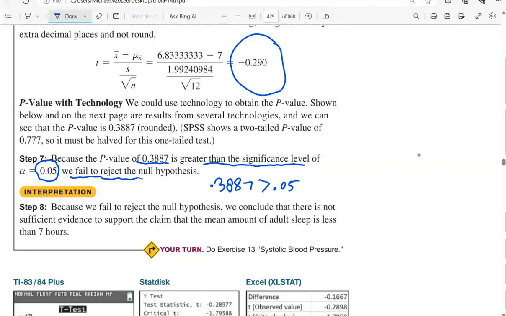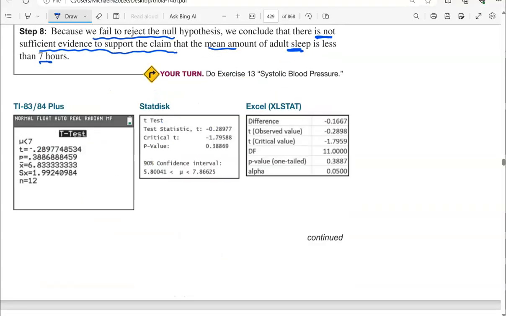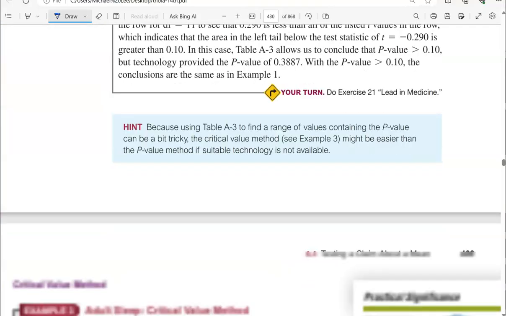We failed to reject the null hypothesis. Because we failed to reject, we conclude there is not sufficient evidence to support the claim that the mean sleep is less than 7 hours. We cannot support that. So that is how to do it with the p-value.